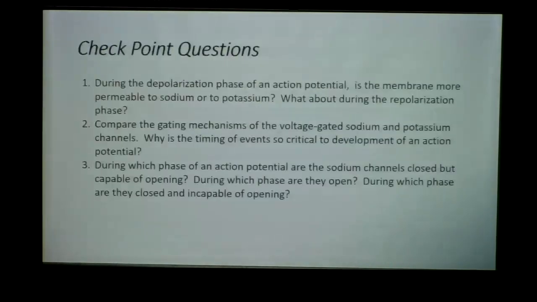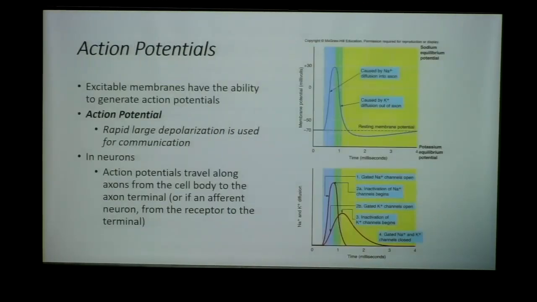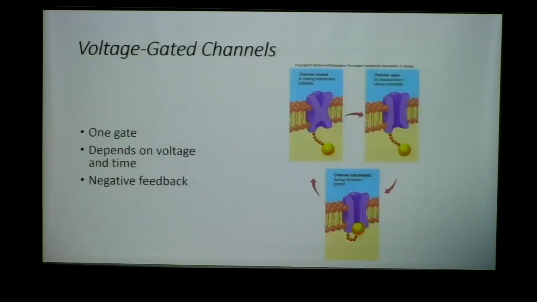Okay, so let's go back to this slide. The activation gates close when we get back to rest. Okay, that's why it's really important to talk about the 3 configurations of the channel, because it gets confusing. So what voltage determines what the channel is doing? At negative 70, the channel is closed and capable of opening, right?